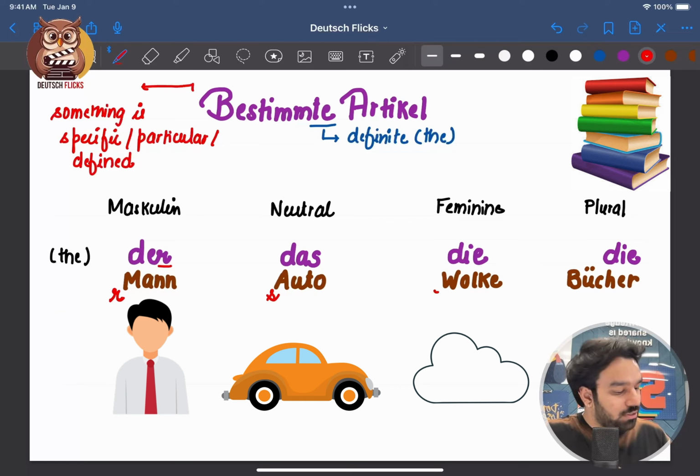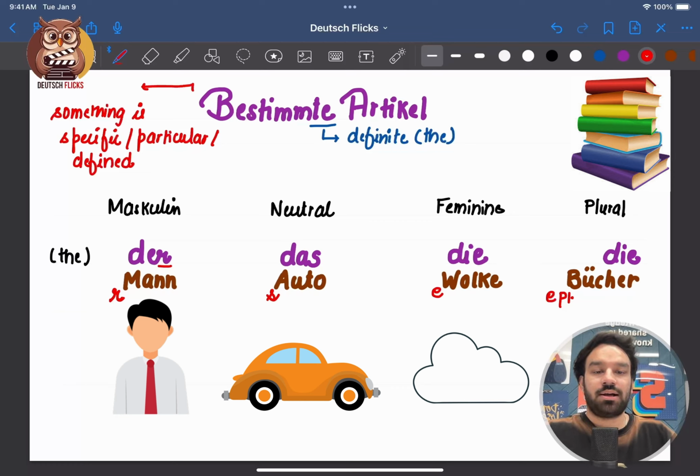So for Wolke, E. And for plural, again we have die, so we can write E and then PL as well. This PL means that it is a plural.